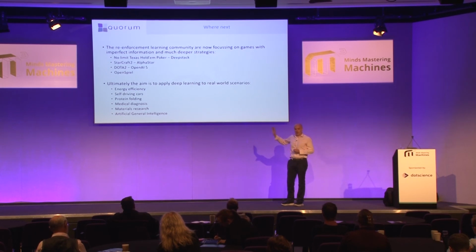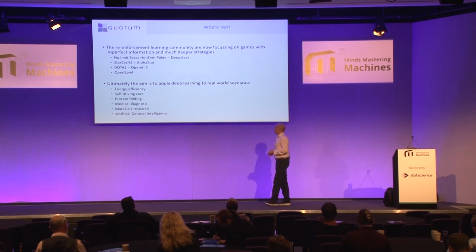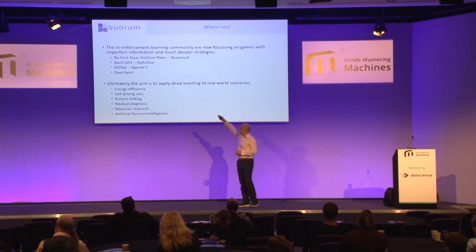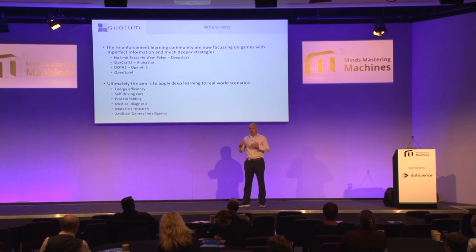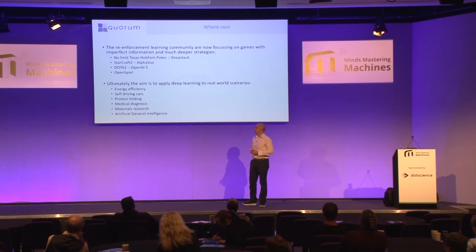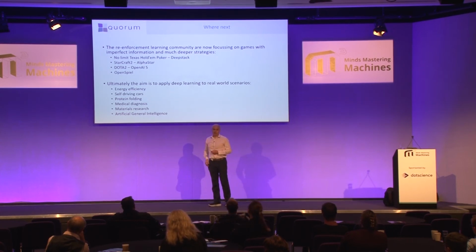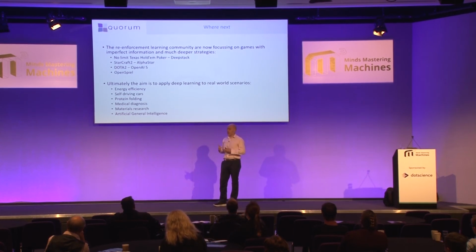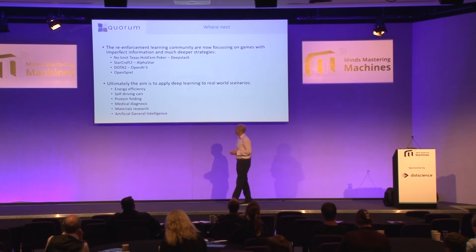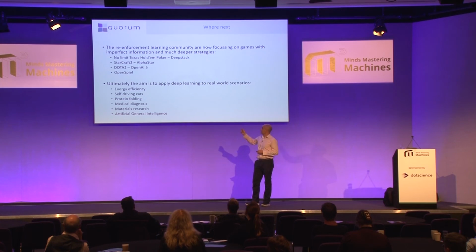Finally, just talk about what next with reinforcement learning. Within the gaming community, the target is now much more complex games. No Limit Texas Hold'em has just been cracked, where an AI beat a team of professional world champions at poker.